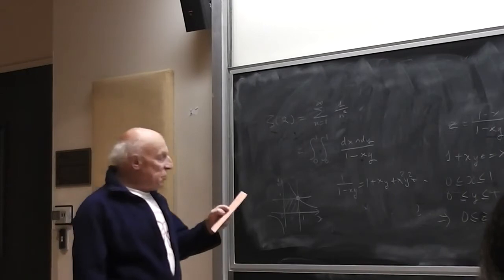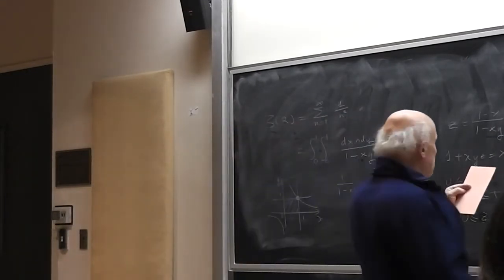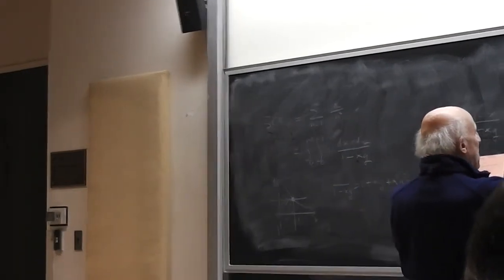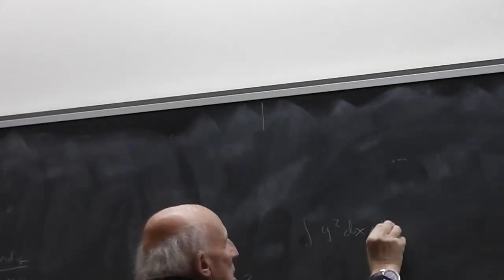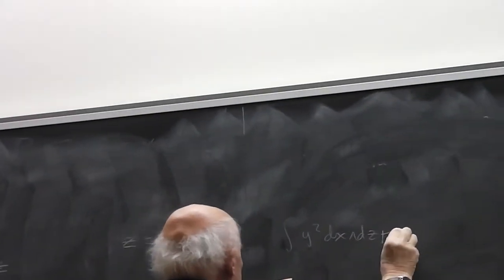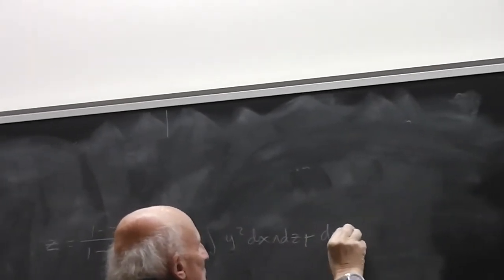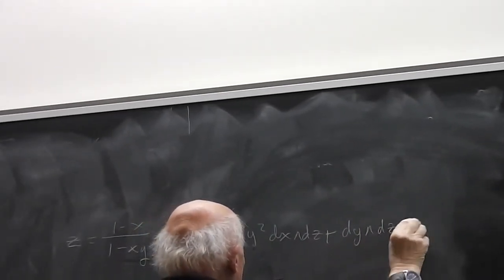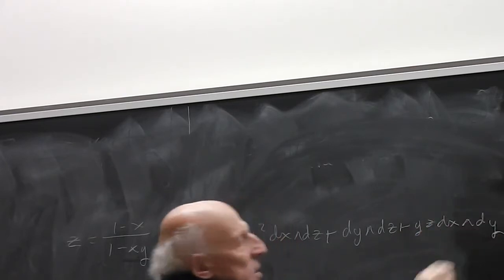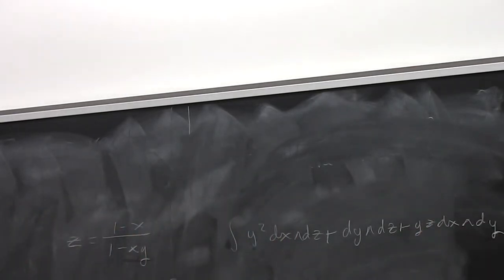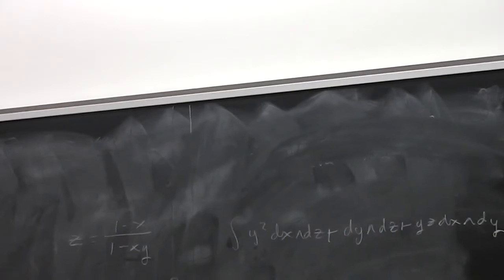And then it's a simple exercise to transform the integral into an integral of y squared dx dz plus dy dz plus yz dx dy. That means there is no more singularity now. All the coefficients are polynomial and finite at every point.